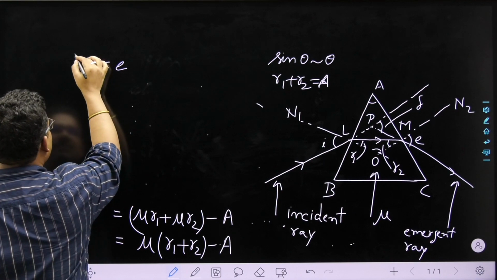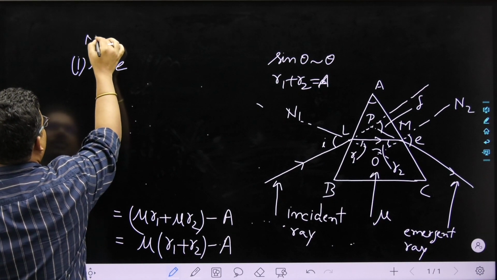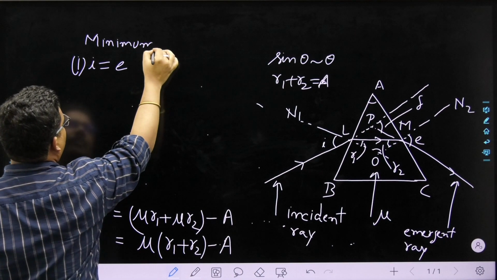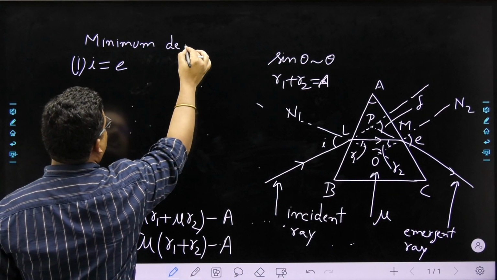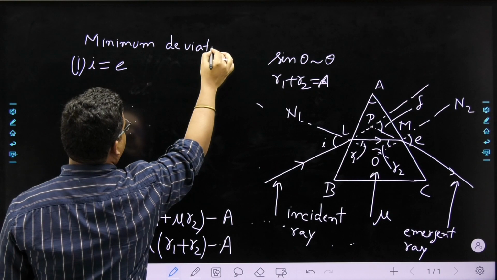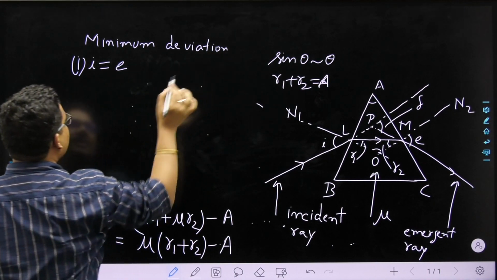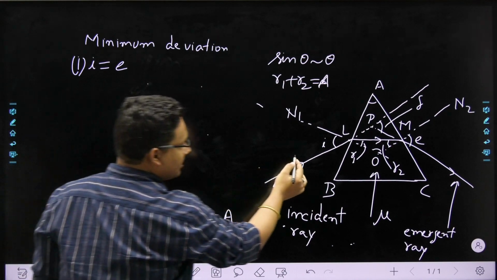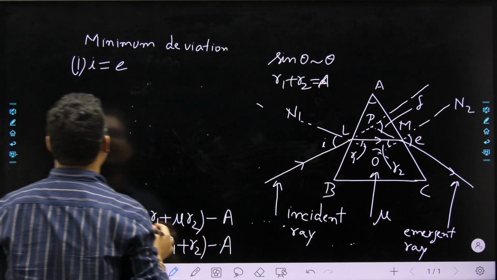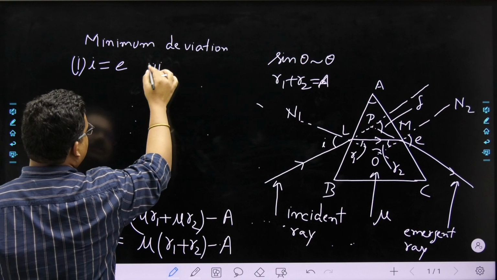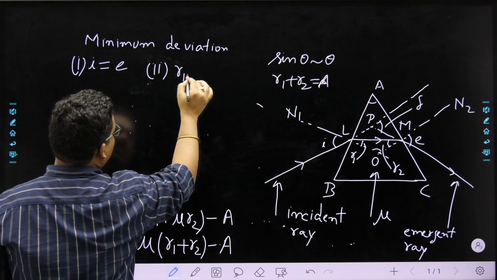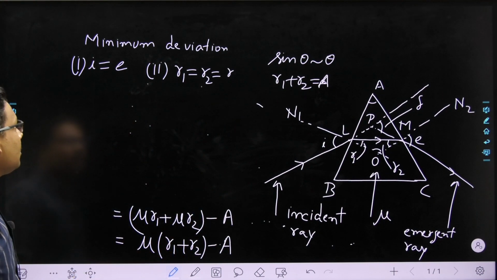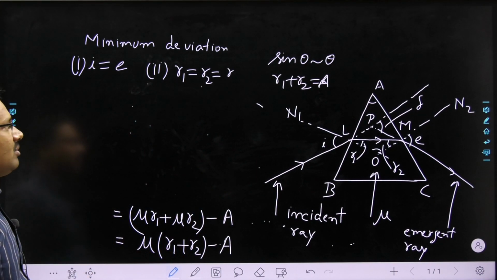This is the first condition for minimum deviation. So angle i becomes equal to angle e, and the second condition is that r1 becomes equal to r2, equal to r, clear. So these are the two conditions of minimum deviation.